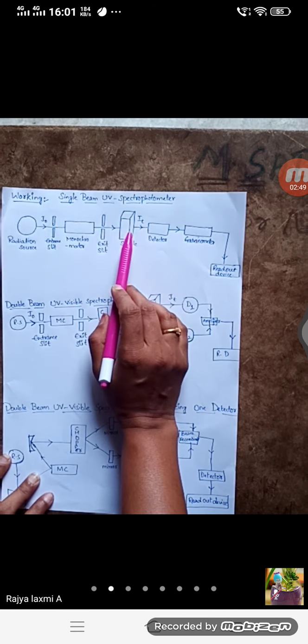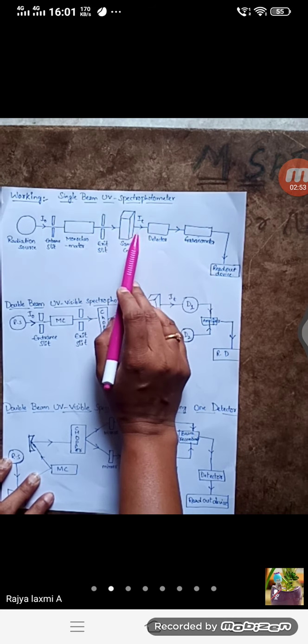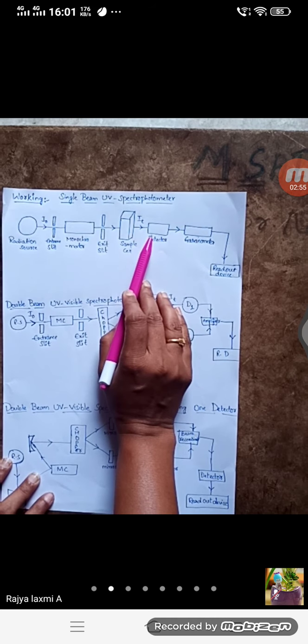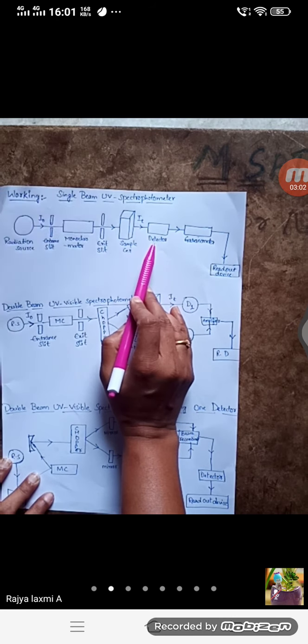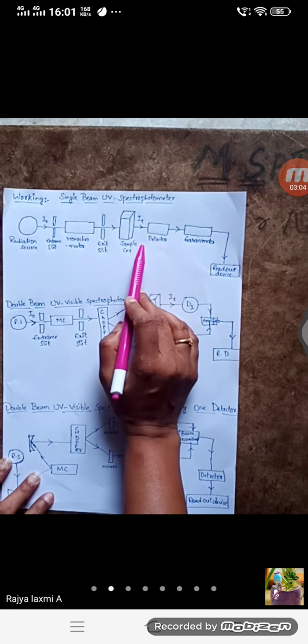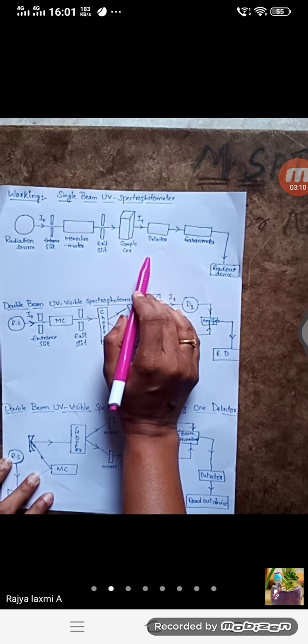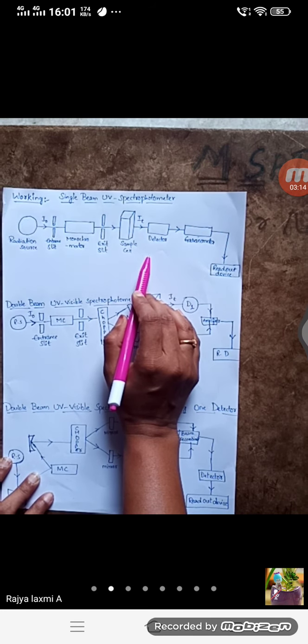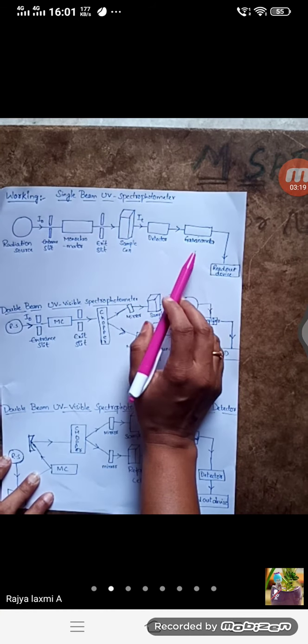After that, the remaining part of the light is transmitted to the detector. This transmitted light strikes the detector and produces electrical signals. The signal produced by the detector is directly proportional to the intensity of the light beam striking its surface.